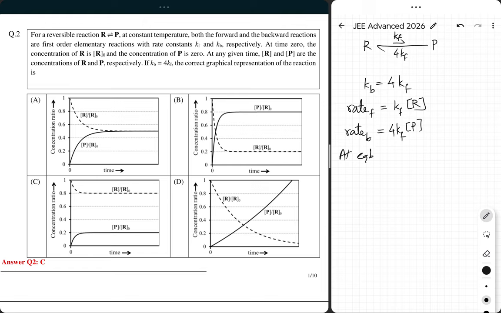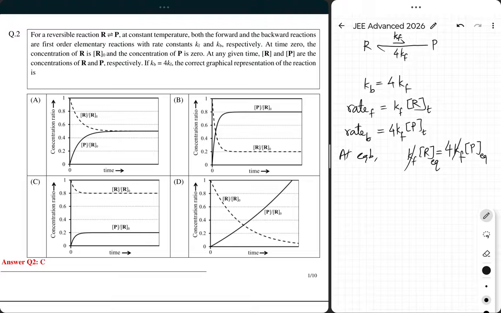So at equilibrium, Kf R, this is at any time t. It's a variable, so it takes this value. Let's say R at equilibrium equals Kb, 4 Kf, P at equilibrium.